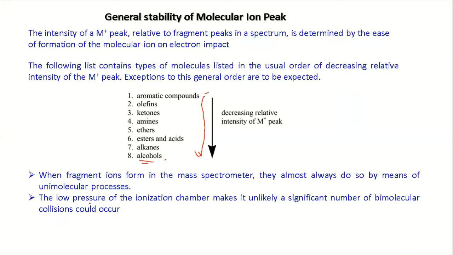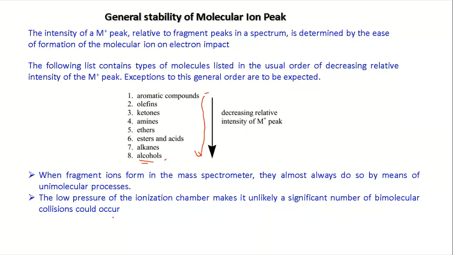We allow the ionization at low pressure, and we allow the ions to travel to the analyzer also at very, very low pressure. The low pressure of the ionization chamber makes it unlikely that a significant number of bimolecular collisions would occur.